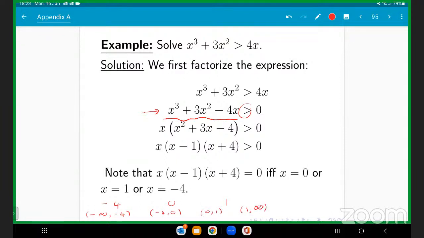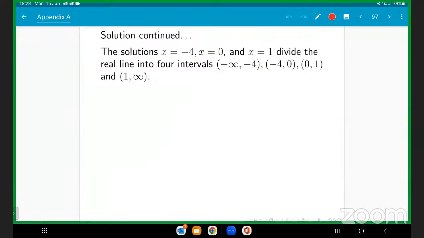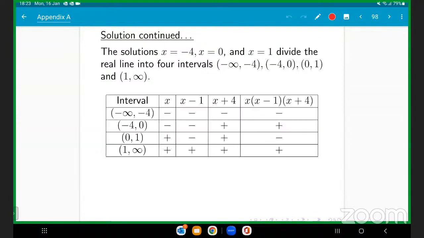So we will perform the same table method for all 4 of these intervals. Once again, this first column represents our intervals, which we obtain from the critical points. Then we build up our given expression, which is represented in this last column.